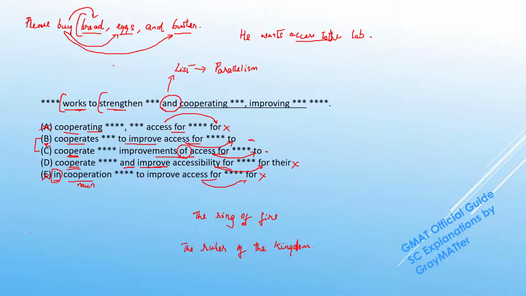That is invalid. We can eliminate D for delta. And remember the first meaning difference I talked about between to improve and improvements of. Improvements of will convey the invalid meaning. So C goes off. This leaves us with the right answer choice B. So we can choose either of these ways to attack the question, whatever way proves convenient to you.